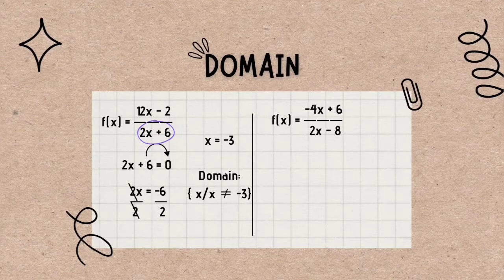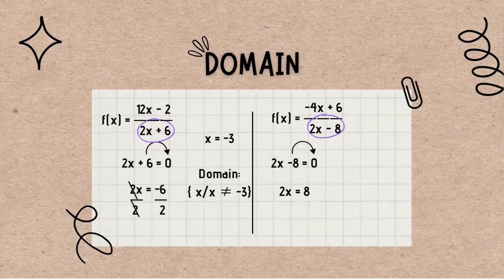F of x equals negative 4x plus 6 over 2x minus 8. So, equate natin ang denominator sa 0. So, 2x minus 8 equals 0. So, ililipat ulit natin ang negative 8 sa right side. 2x equals 8.